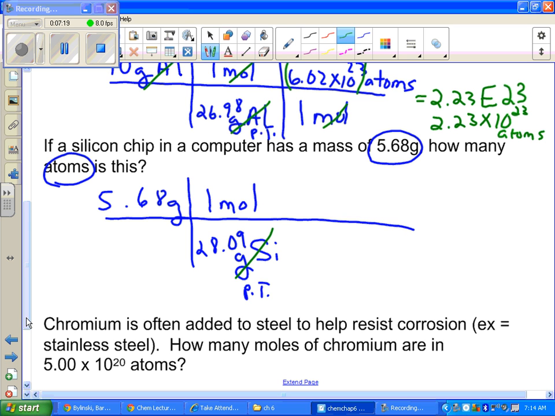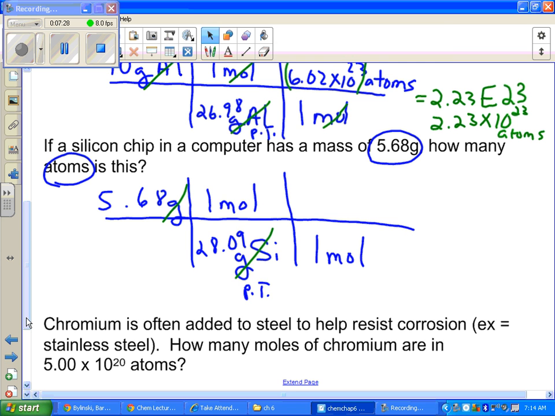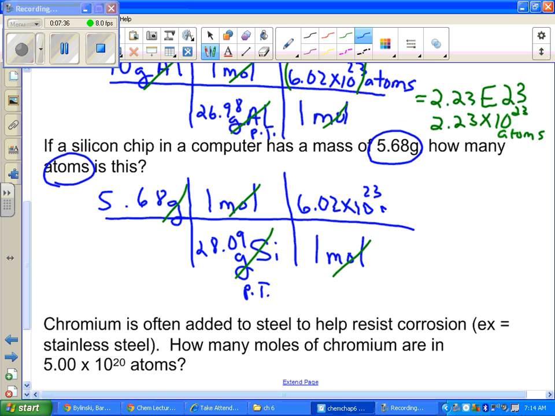So right now, gram and gram cancels. But you are not finished. I asked you for atoms. So in 1 mole, why did I put it on the bottom? So that it cancels. And here it is. 6.02 times 10 to the 23rd atoms, and then you need to solve.